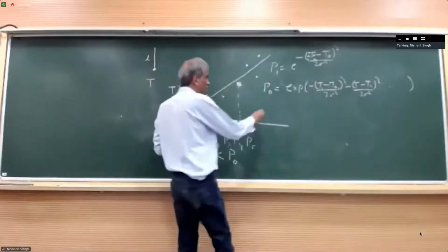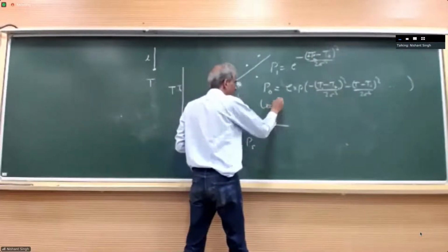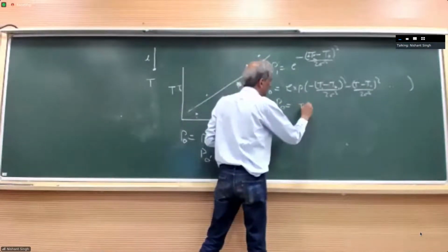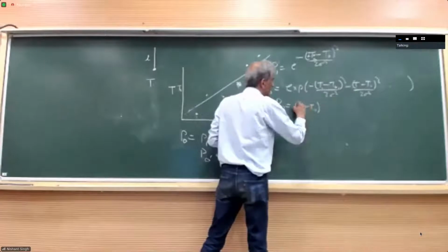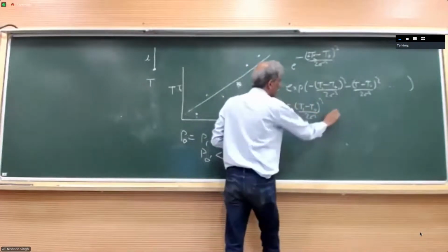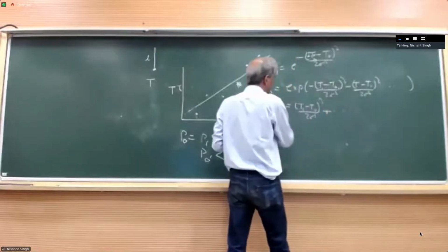And then I take a log of this value, and that will become something like this. Minus log of this.